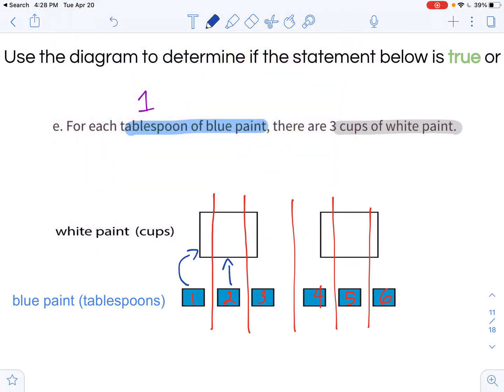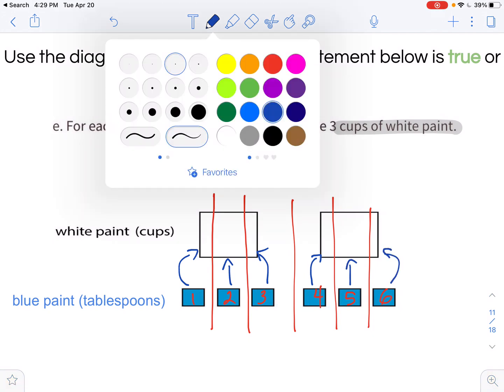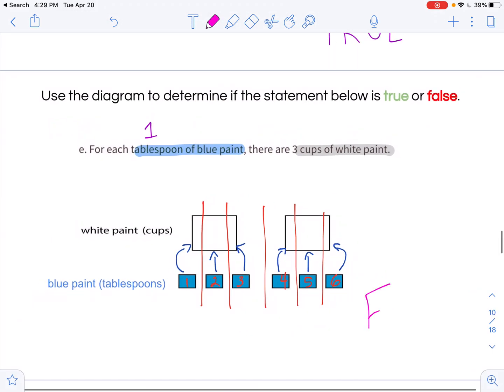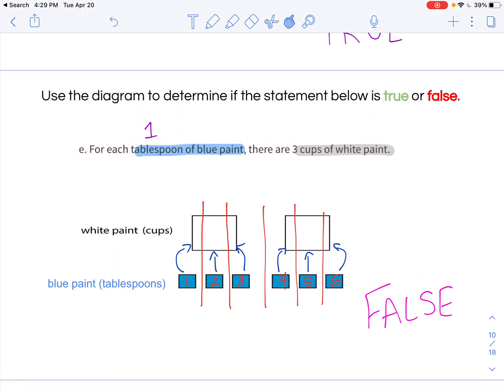Here's what goes with that second blue. Here's what goes with that third one. Like, this is part of a cup. It's not 3 whole cups of white. This can't be true. This must be false. Every time we have 1 tablespoon of blue paint, we get way less than 1 cup of white paint. Not anywhere close to 3 cups of white.